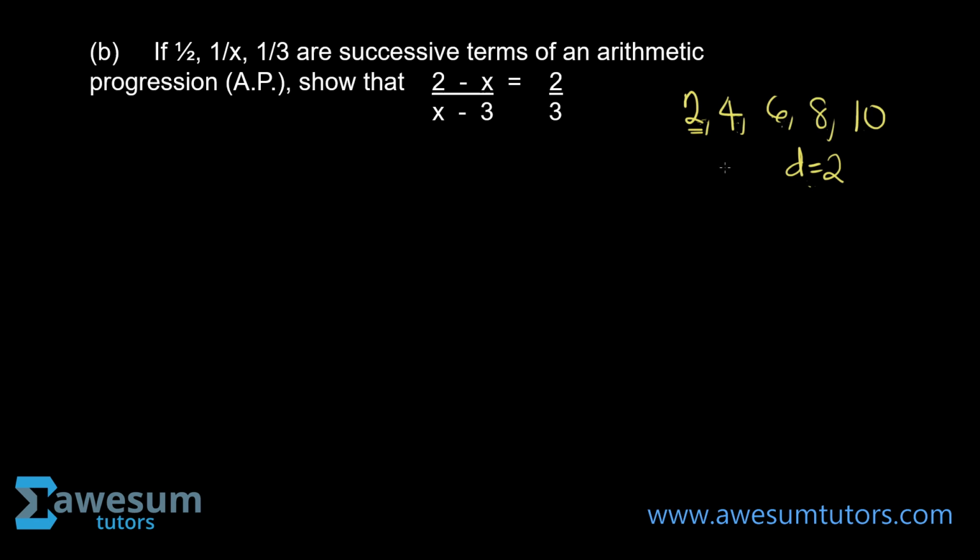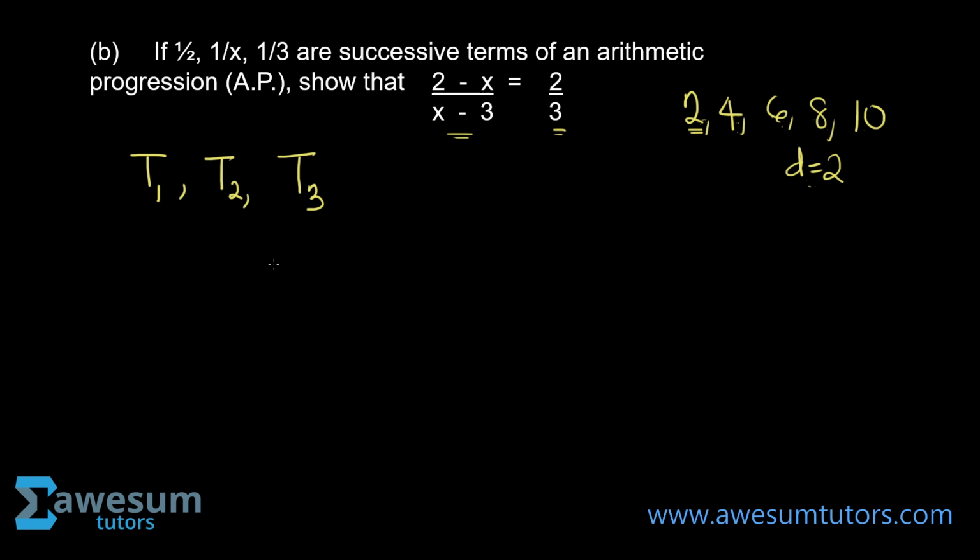So now let us use that same approach to show that this equals this. Let us say that T1 is our first term, T2 is our second term, T3 is our third term.